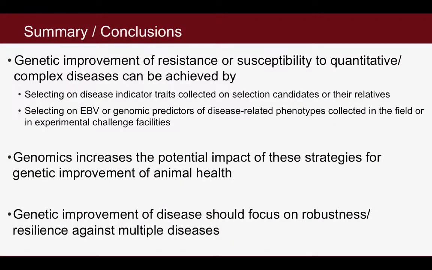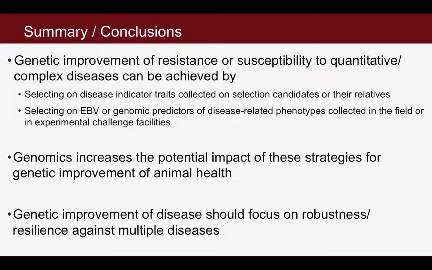So in summary, genetic improvement of resistance or susceptibility to quantitative complex diseases can be achieved by selecting on disease indicator traits that are collected on selection candidates or their relatives, or by selecting on EBV or genomic predictors of disease-related phenotypes that are collected in the field or that are collected in experimental challenge facilities.